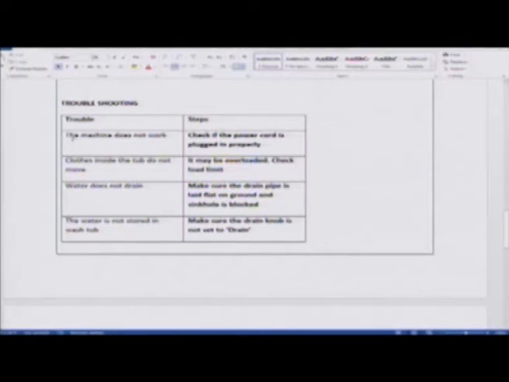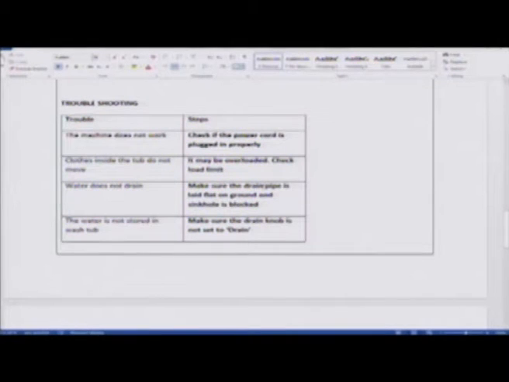So, if the machine does not work, what can you do? Check if the power cord is plugged in properly. Similarly, if clothes inside the tub do not move, it may be overloaded, check the load limit. Water does not drain: make sure the drain pipe is laid flat on the ground and the sink hole is not blocked. The water is not stored in the wash tub: make sure the drain knob is not set to drain.